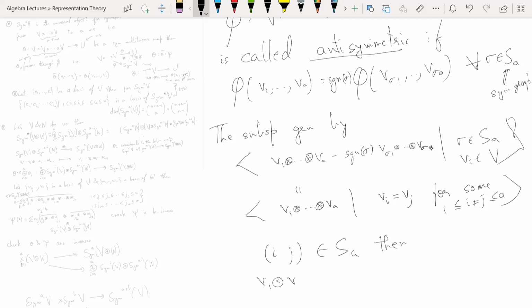Maybe there are only two terms, Vi, Vj, minus sign of ij, which is minus 1. We just interchange the i-th and j-th pieces of this tensor.